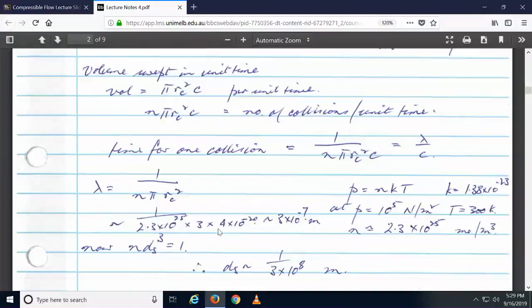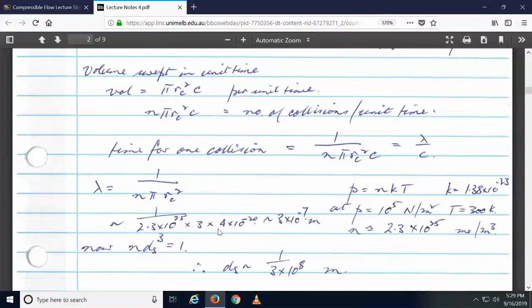And so I've got 2 of them, roughly speaking, for the radius. So that's 2 by 10 to the minus 10, and I'm going to square that. So that's 4 by 10 to the minus 20. And the answer is lambda is 3 by 10 to the minus 7 meters. That's how far.